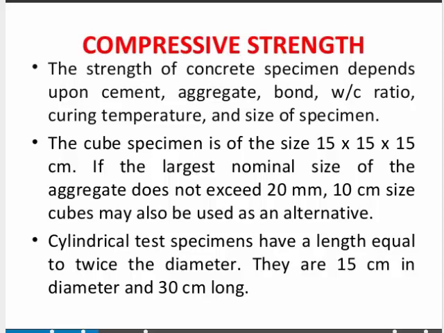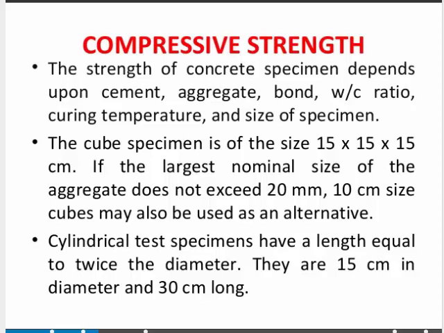The cube specimen is of size 15 by 15 by 15 centimeter. If the largest nominal size of the aggregate does not exceed 20 mm, 10 centimeter size cubes may also be used alternatively for the measurement of the compressive strength.